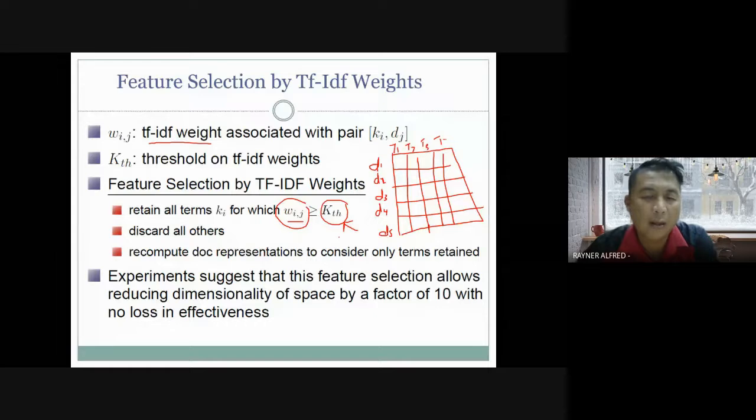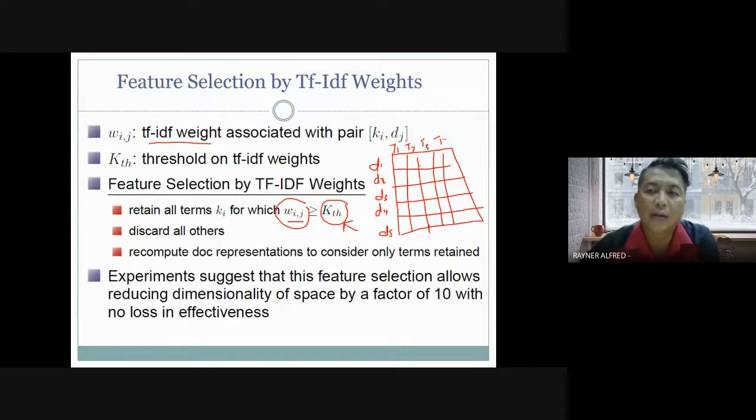For example, if I set my threshold to 0.5, then for all the terms that have 0.5 weightage and below, I will not consider that term. So I will remove some of the terms, which will not be included in my calculation for the ranking as usual.